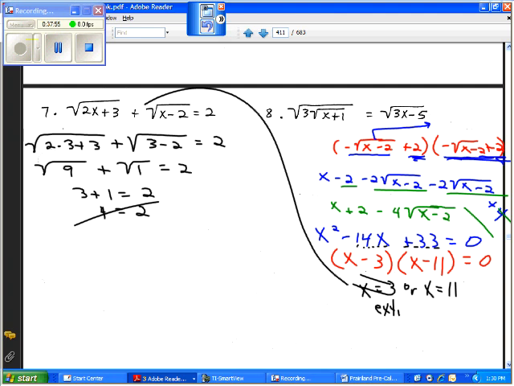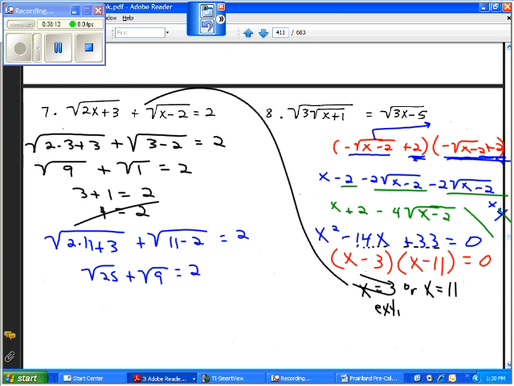Then we'll try the 11. So we're going to have square root of 2 times 11 plus 3 plus square root of 11 minus 2 needs to come out to be 2. So square root 25 plus square root 9 needs to come out to be 2.